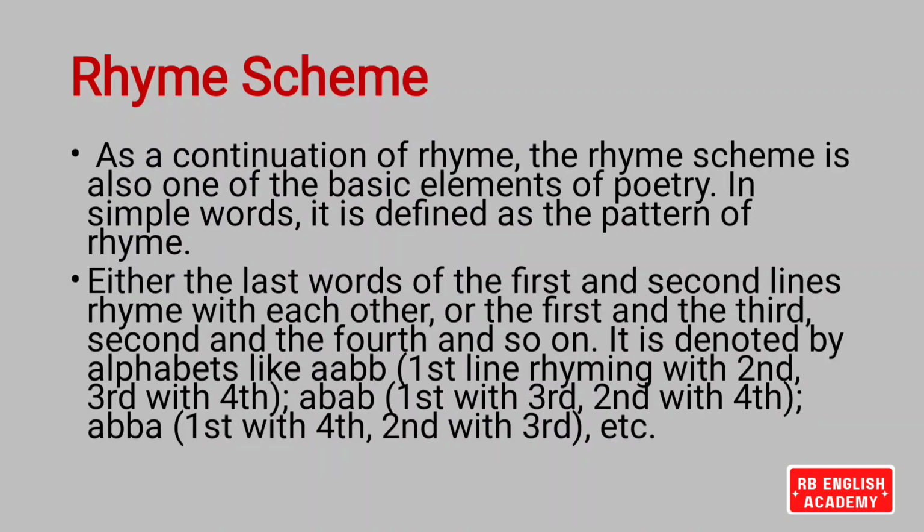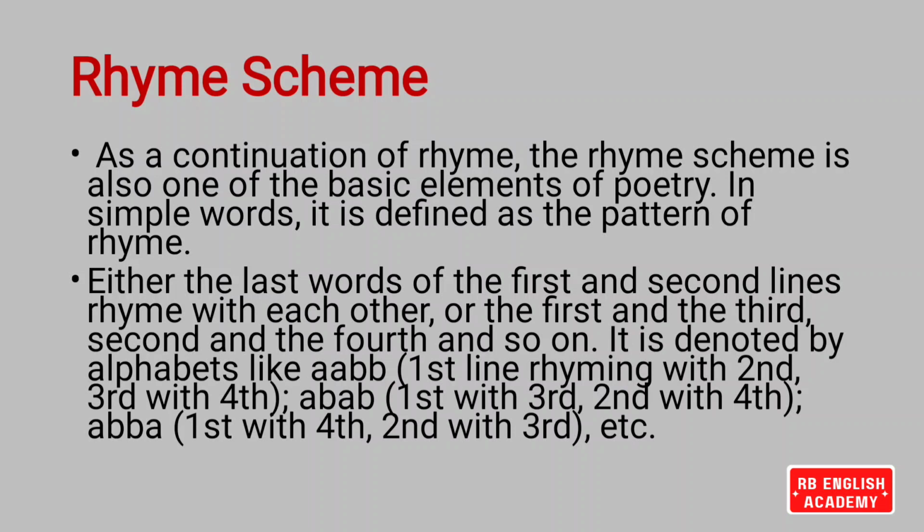And the next one is rhyme scheme. As a continuation of rhyme, the rhyme scheme is also one of the basic elements of poetry. In simple words, it is defined as the pattern of rhyme. Either the last words of the first and second lines rhyme with each other, or the first and the third, second and the fourth, and so on.